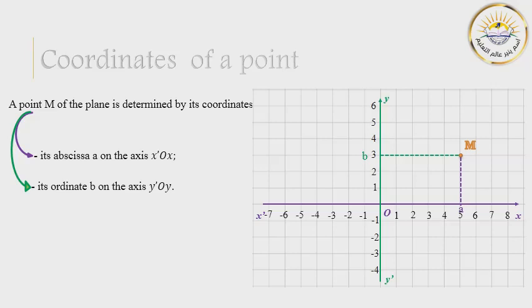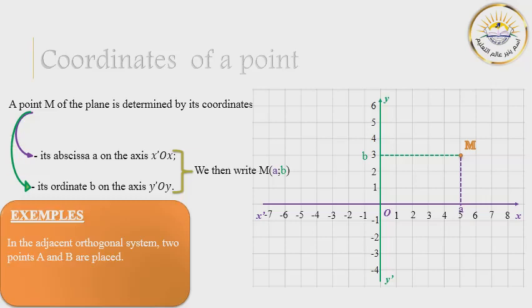So we go to the left and we intersect with 3 on y prime OY. So the coordinates are formed from two pieces of information, the abscissa and the ordinate, two numbers, A and B. Then we write M between parentheses, the abscissa, then the ordinate.